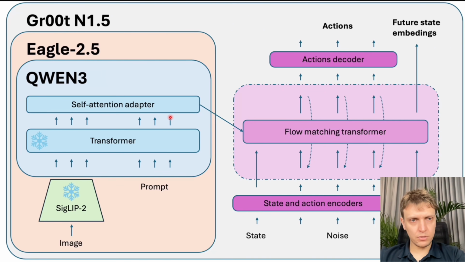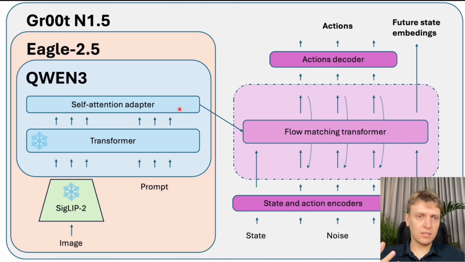But anyway, this version uses Qwen3 as an LLM and SigLIP2 as an image backbone. Interestingly, they changed the freezing logic a little bit, and now the visual backbone is also frozen. And they use the original transformer from the LLM, but then they add an extra self-attention adapter on top of it.